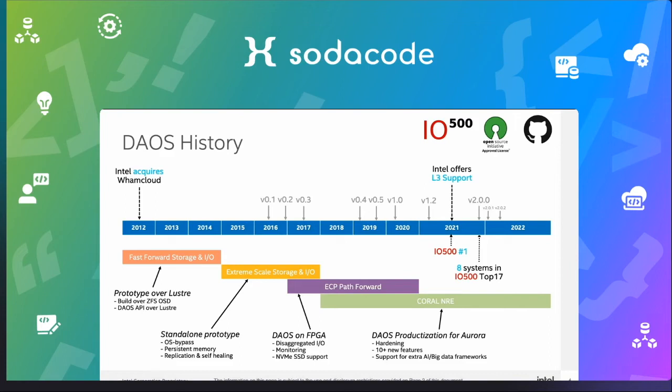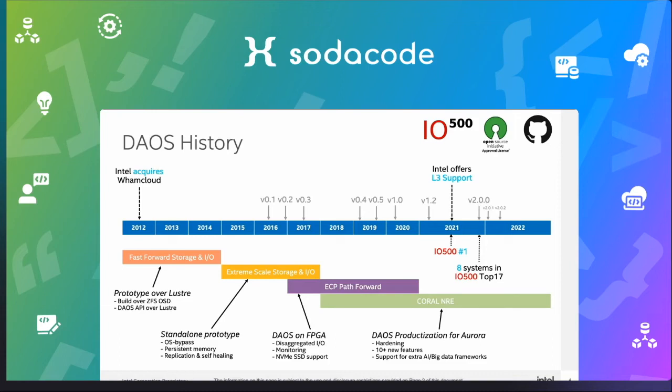In ECP Path Forward in 2017, we investigated what it would take to embed the DAOS engine on an SoC FPGA. That was a research project from which we learned a lot, and some of the features developed in this research project will find their way inside the mainstream DAOS in the form of active storage support.